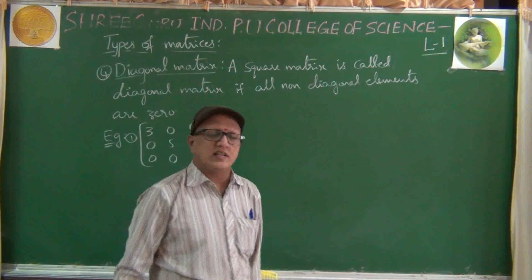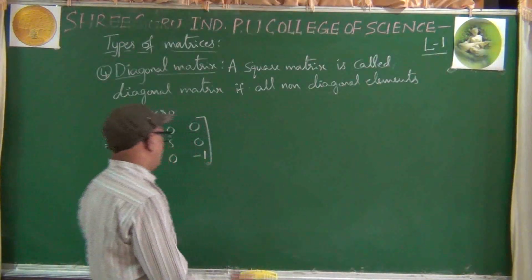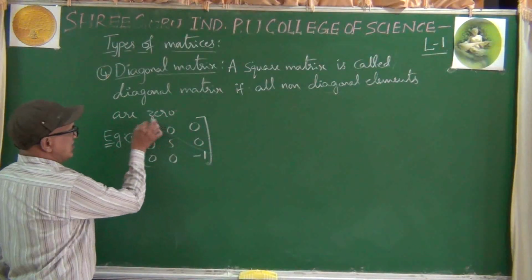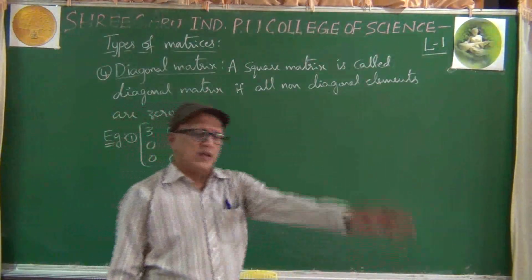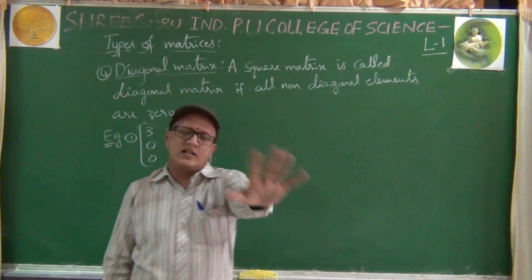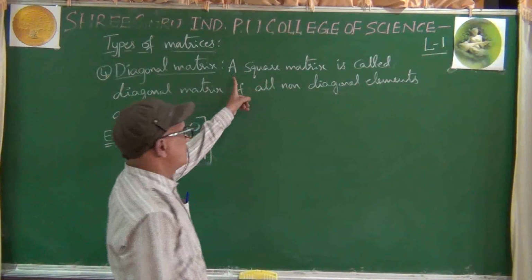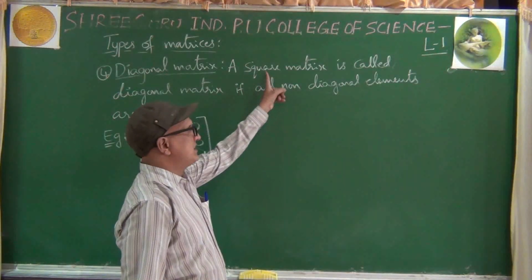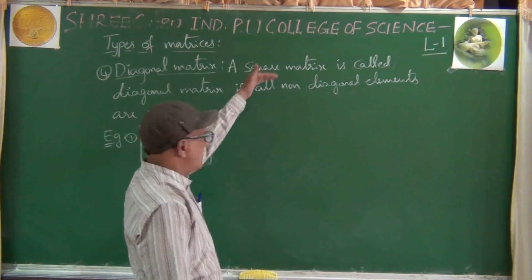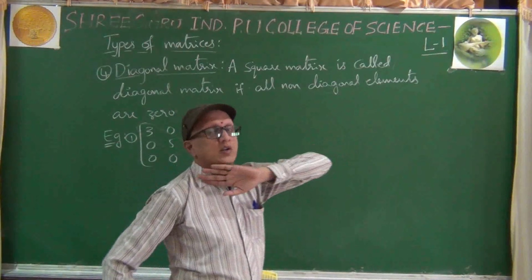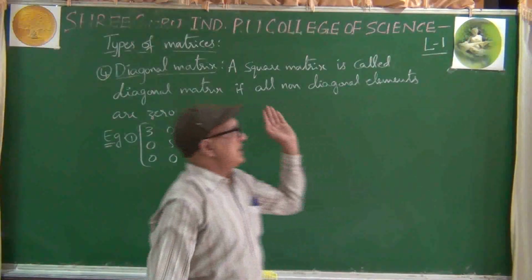Diagonal elements in a square matrix are these. Diagonal elements will be only in a square matrix. That's why the definition begins with square matrix. A square matrix is called, that is important, right?